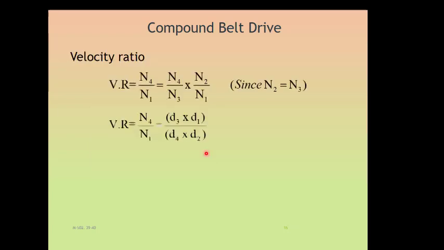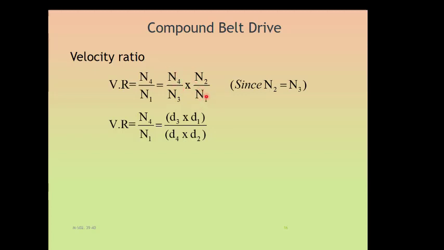The formula is velocity ratio N4 by N1, so N4 by N3. Why? N4 is taking help of N3. Similarly, N2 is rotated with N1. N2 is equal to N3, same speed, same shaft, so these cancel out. Finally, we get N4 by N1.